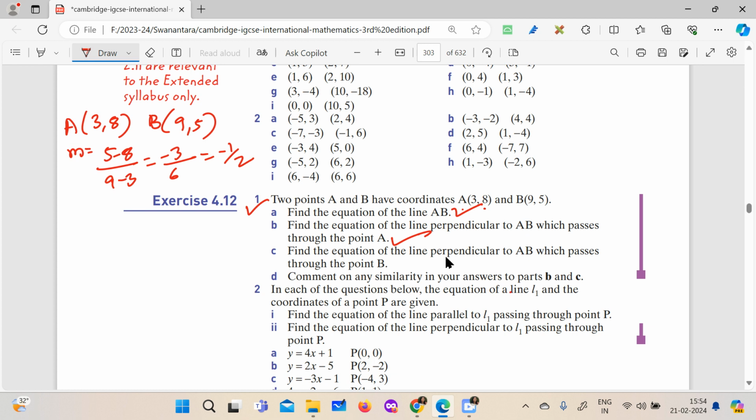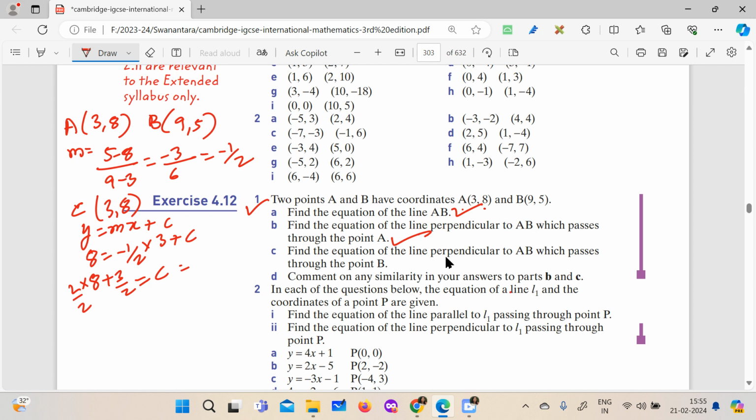Next, we will calculate c. For c, we will take any one point. Suppose I take (3, 8). So y is equal to mx plus c, where y is 8, m is minus 1 over 2, and x is 3. So this is 8 plus 3 over 2 is equal to c, and I'll multiply by 2 over 2 to make the denominator the same.